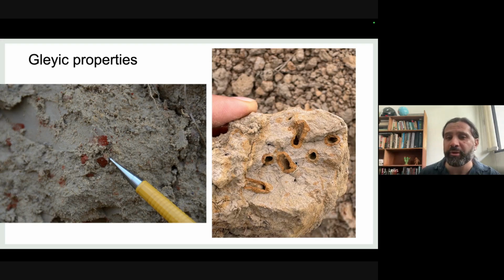So gleyic properties express variation of water table level, and we have a grayish horizon, a grayish layer with some oxic features, and these oxic features are connected to the voids, expressing presence of oxygen only in the voids. So we have a restricted presence of oxygen that is only present in the voids.